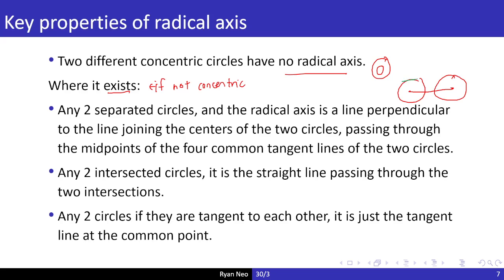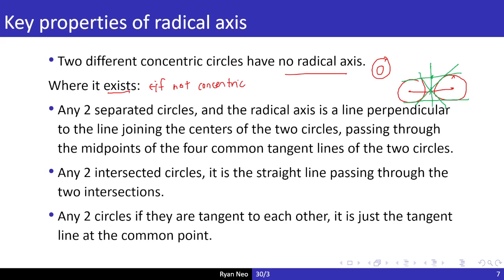So we have this tangent line, we have this tangent line, common tangent lines, okay? We have this, and we have this. So these four common tangent lines, they each have their midpoint between the two circles. So here, here, and here. What I'm saying is that the radical axis would just be the line passing through the four common midpoints.